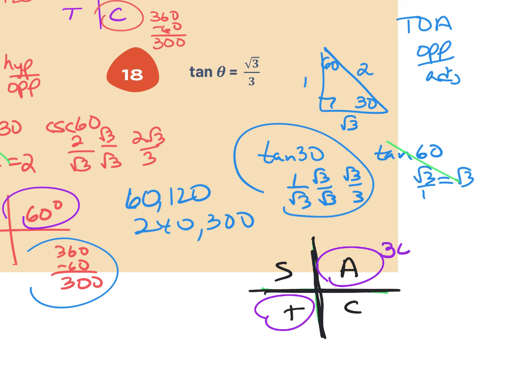So quadrant 1 is just the reference angle, and then quadrant 3 is 180 plus that reference angle, so that will be 210. So the two angles, the theta, for when it equals the square root of 3 over 3, are going to be 30 degrees and 210 degrees. And that is it for the notes on 5.3.